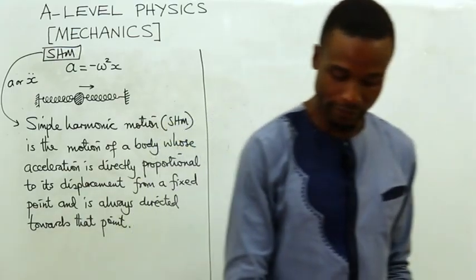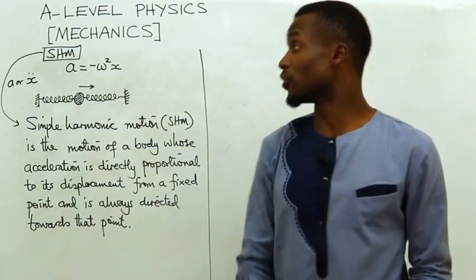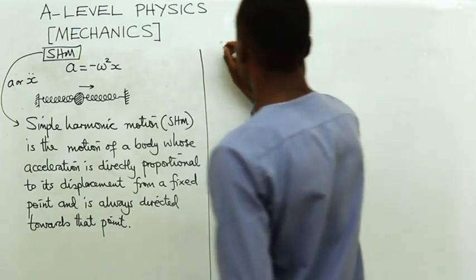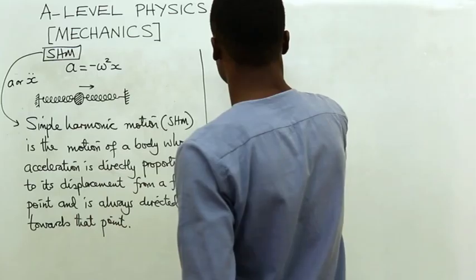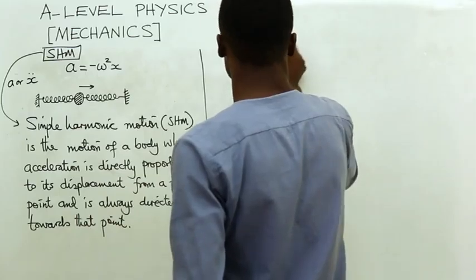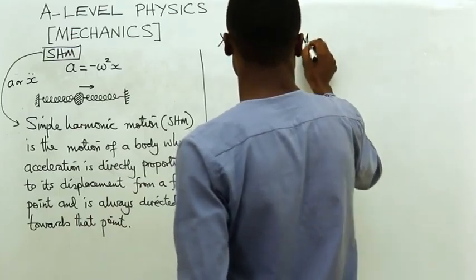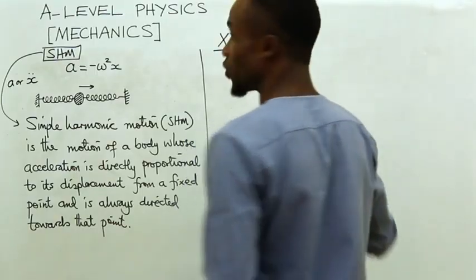We can still use the definition to look at the characteristics. I'm going to abbreviate it. Characteristics of simple harmonic motion.